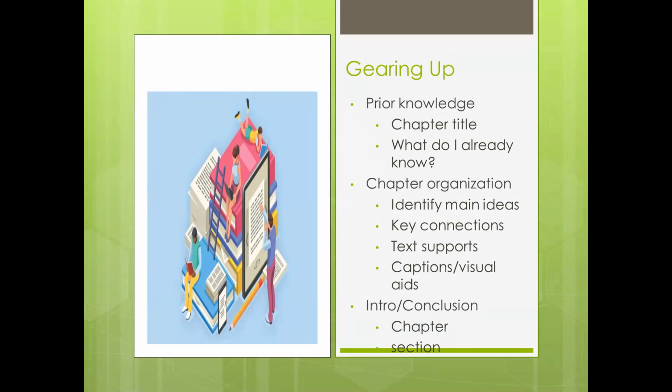Captions and charts are usually a big feature for social science classes, as well as photographs and images that convey meaning. And of course, as always, during any preview, whether you're gearing up to read or actively reading or even passively reading, I think it's a good idea to read each chapter and section title, as well as pay attention to prefabricated introductions and conclusions for textbook chapters.